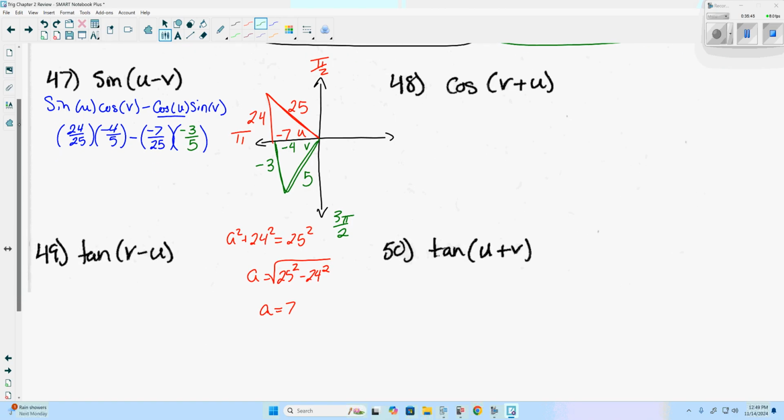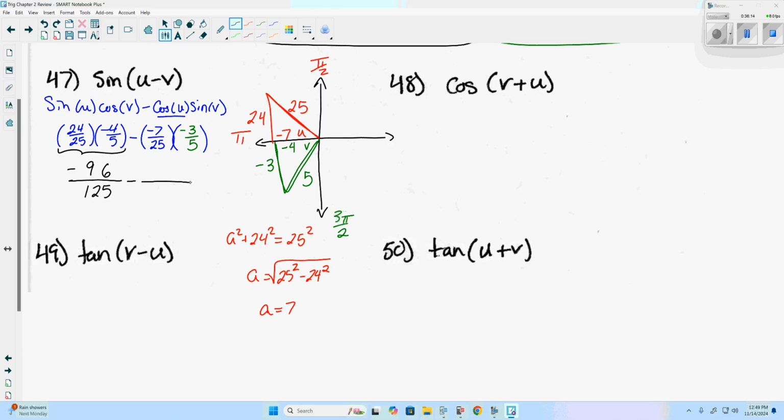Does that make sense so far? Because now that we have those, we can find sine, cosine, or tangent of those angles. At this point, you can type that whole thing into the calculator and let it do the calculation for you. Otherwise, we're going to multiply these two together: negative 4 times 24, negative 96. 25 times 5 is going to be 125.